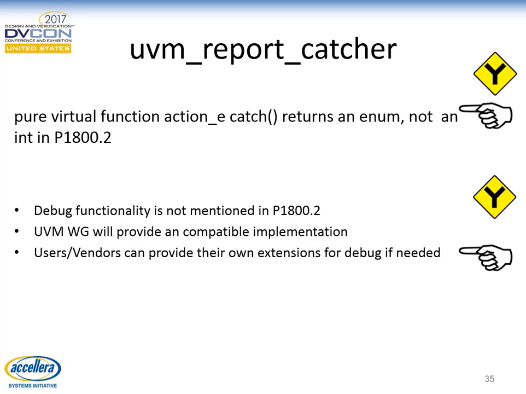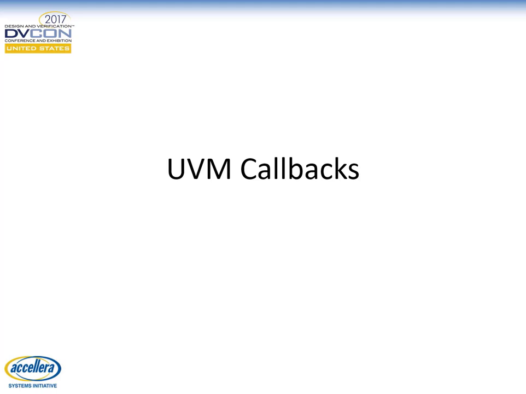You might get a warning from some simulators. One important thing I want to tell you is that there were a number of debug features, especially when it comes to the report catcher itself. It has not been mentioned in the LRM. There are some methods that have actually been taken out. And so we will provide a compatible implementation, but then anybody can add their own extensions to this as they see fit.